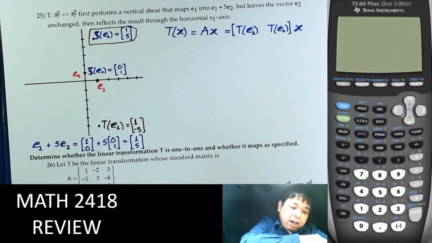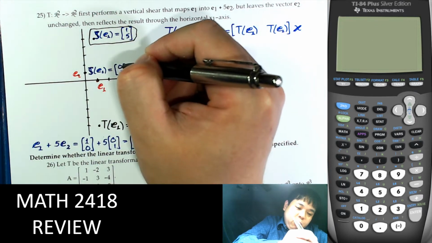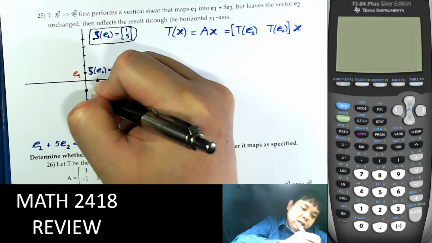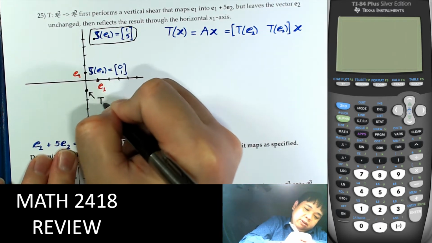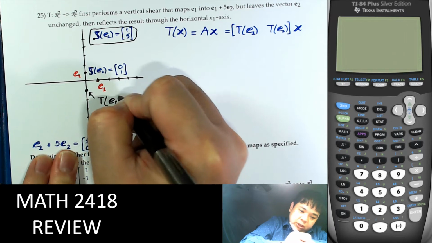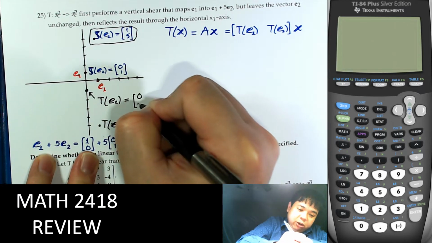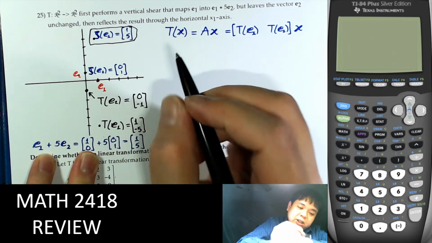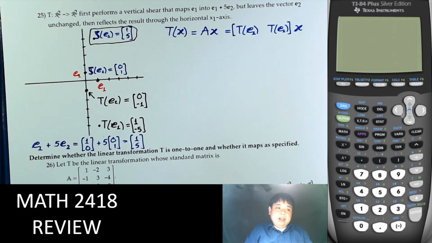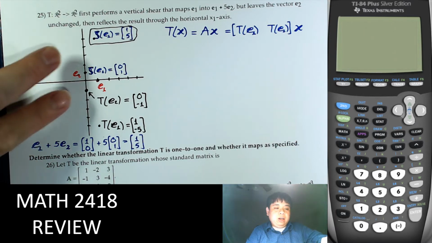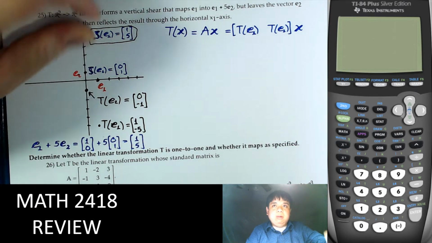And after that, this point also reflects down, so this is actually T of E2 is equal to x equal to 0, y equal to negative 1. Right. So in this, the transformation T will have two actions. The first one, move point up and then reflect.